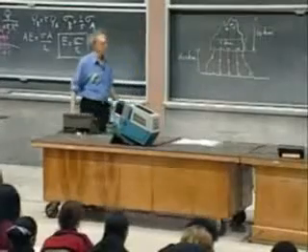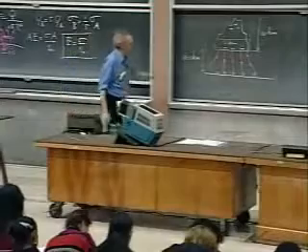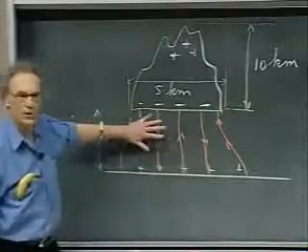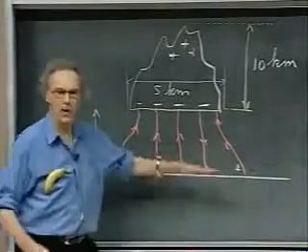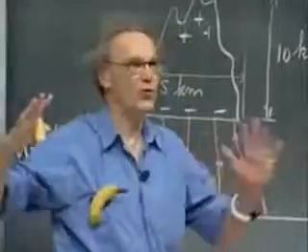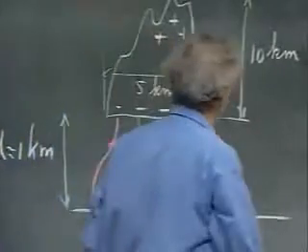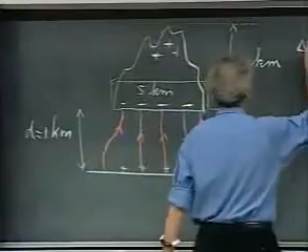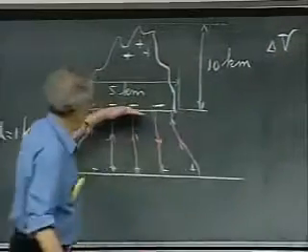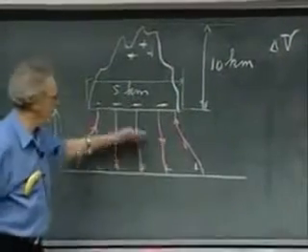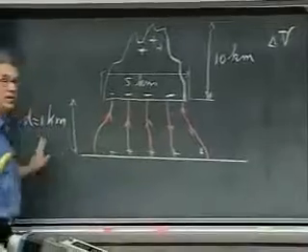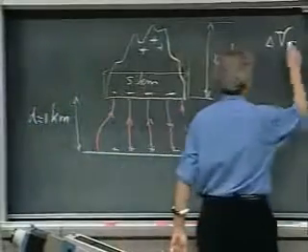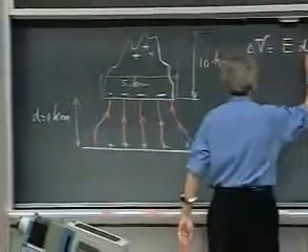That's the first thing we can do. If we make the simplifying assumption that the electric field is more or less constant here, it's like having two parallel plates where the electric field is constant between them, then the potential difference, delta V, between the bottom of the cloud and the Earth is simply the electric field times the distance d. So this becomes E times d.